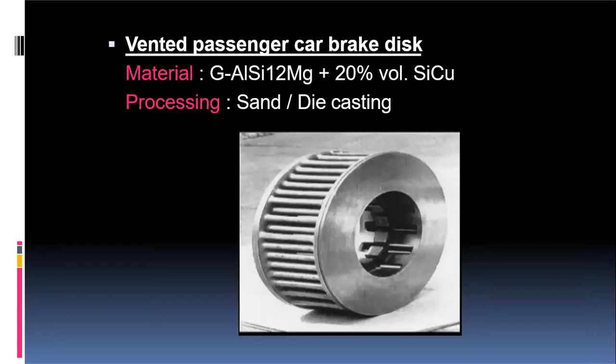Second one is the car disc brake. So they can also use it in the car disc brake models. The processing used for the car disc brakes is sand or die casting.